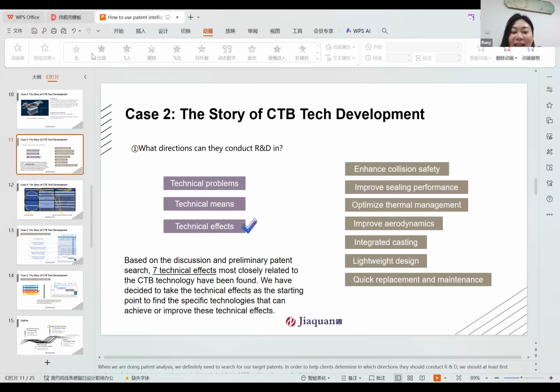I think I understand your concern. For your first question, if you're worried that your technical solution is leaked, I think you don't have to worry because we will sign the confidentiality agreement before you file any technical materials with us. So we have the agreement.